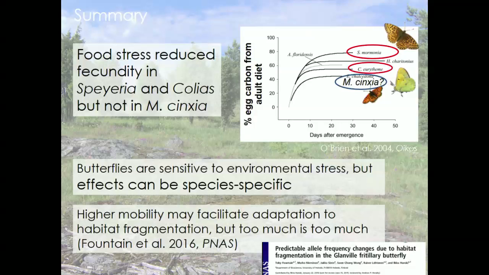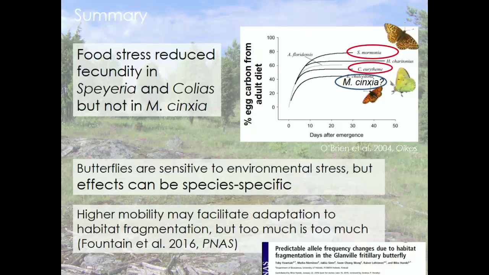So we don't know the exact ratios of Melitea kingsia, the Glanville fritillary, how much it depends on adult feeding for its egg production. But based on these data and other work, it seems that Melitea kingsia is at the low end of this spectrum. So they rely more on larval resources for their eggs.